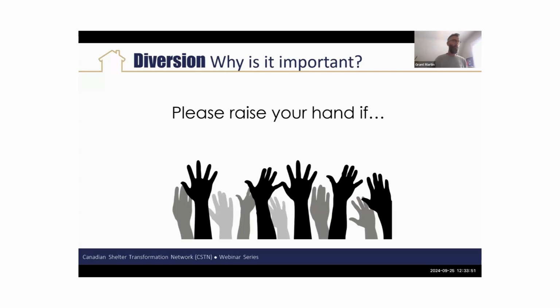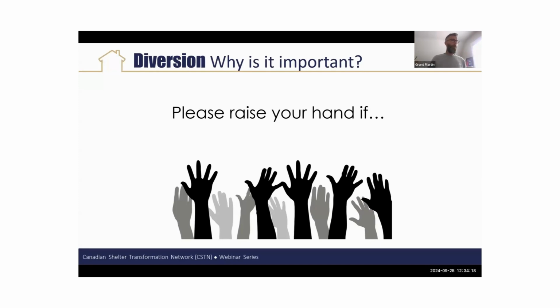And despite our best efforts, shelter can be traumatic for a lot of people. Despite running your shelter to the best of your ability, we know that most people would prefer to be in some type of temporary alternative housing accommodation than entering shelter.